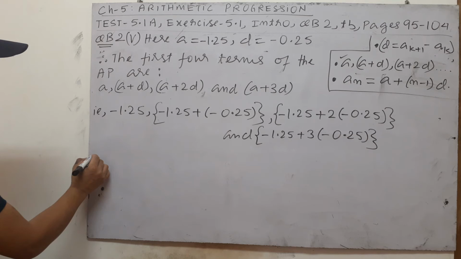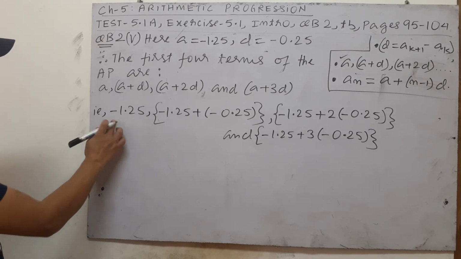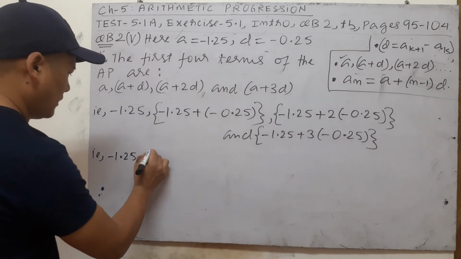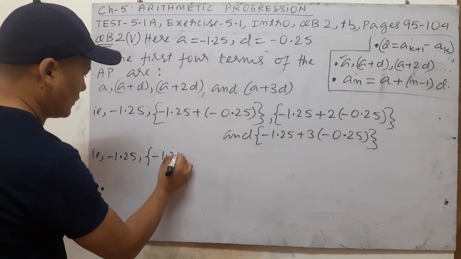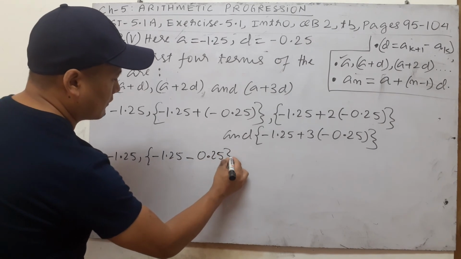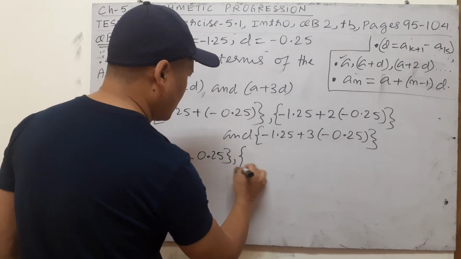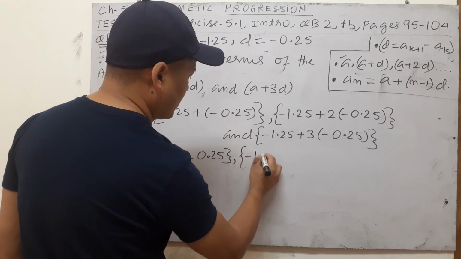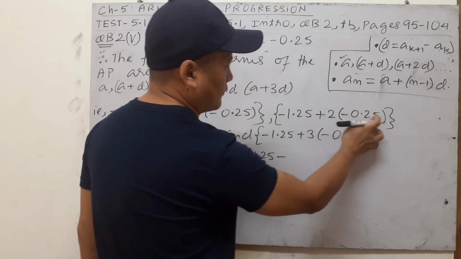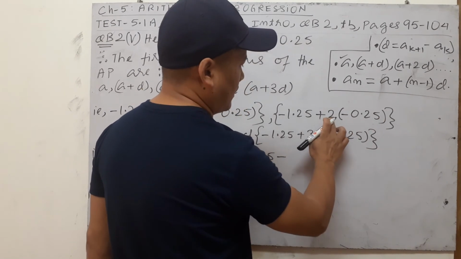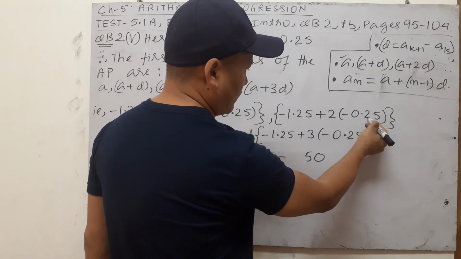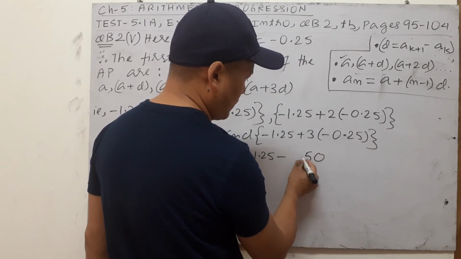So let us do it slowly. That is the first term, -1.25, comma. Then here's the second term, -1.25 plus and minus -0.25, comma. Third term, -1.25 plus and minus 2 5s are 10, 2 2s are 4 plus 1, remainder 5. Then 1 2 decimals, 1 2.